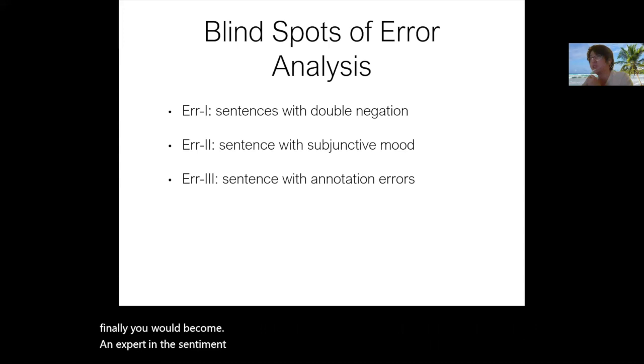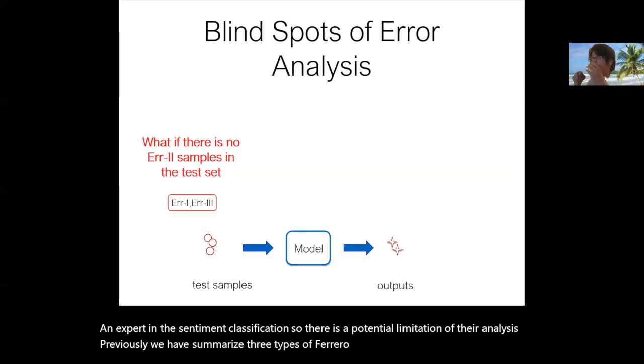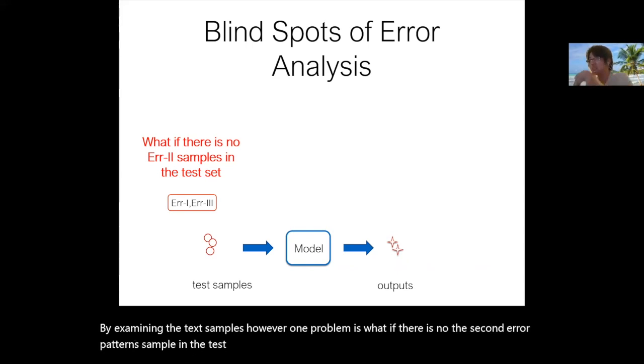There is a potential limitation of error analysis. Previously, we summarized three types of error patterns by examining the text samples. However, what if there are no error pattern 2 samples in the test set? I mean, the test set only includes samples with error pattern 1 and error pattern 3.